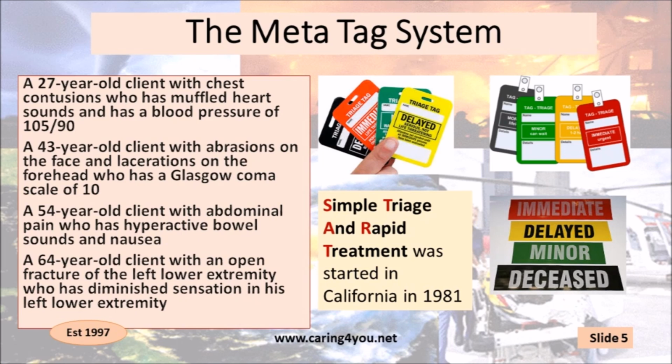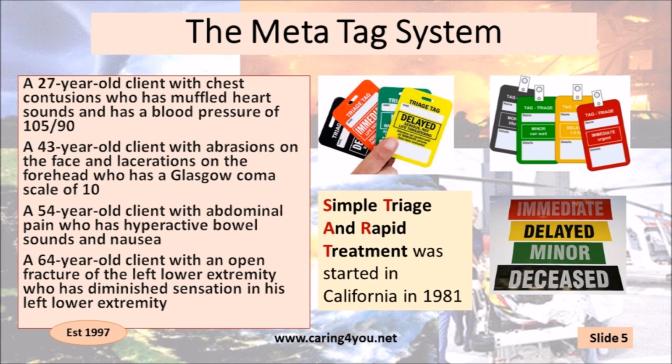What color tag would we give B? A 43-year-old with abrasions on the face and lacerations to the forehead who has a Glasgow Coma scale of 10. Remember that the Glasgow Coma scale measures 3 behaviors: eye-opening response, best verbal response, and best motor response.